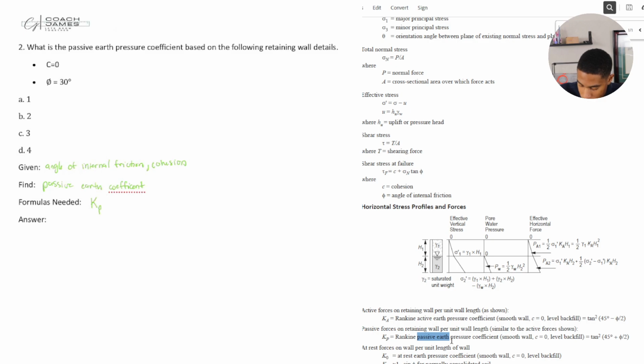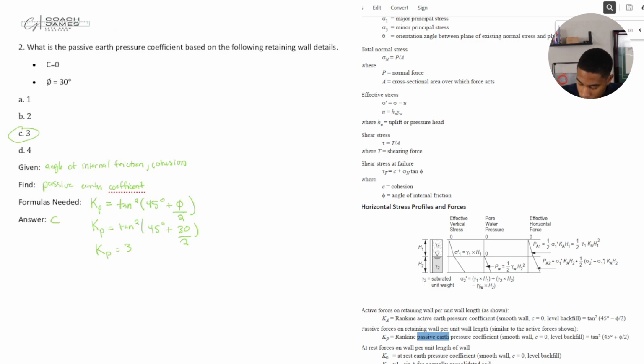Kp is equal to tan squared of 45 degrees plus phi divided by 2. Okay. Phi is 30, so the only thing we need to do is just plug and chug. So for that, I end up getting 3 for the passive earth pressure coefficient.